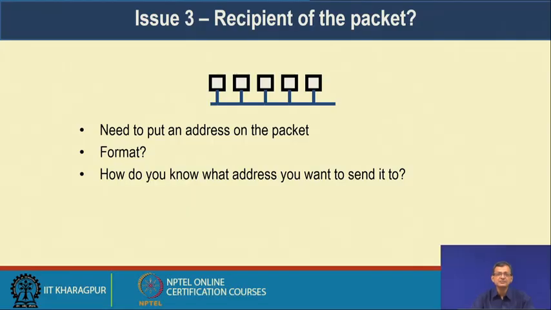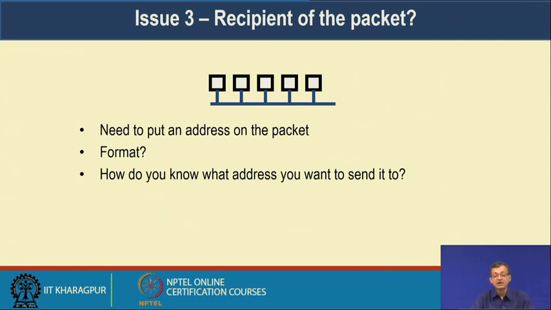Another issue: the sender needs to put an address on the packet, so there should be an addressing scheme. If I want to transmit from here to there, there should be an addressing scheme to identify the destination. What should be the overall format? That is an issue to be resolved.